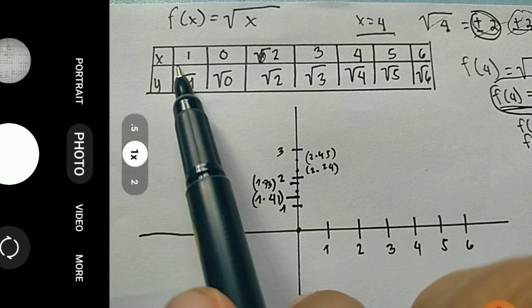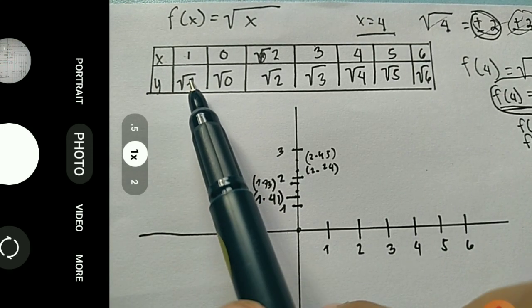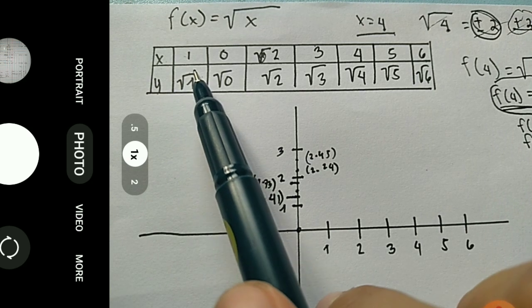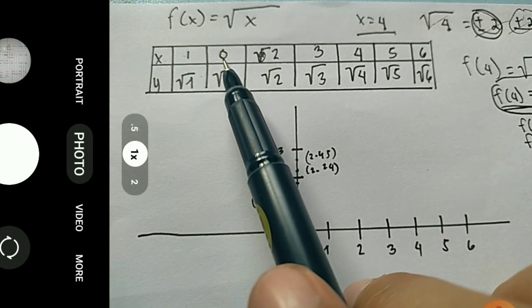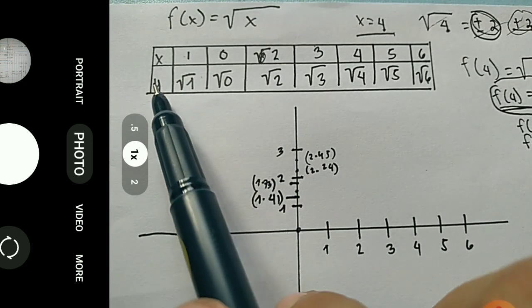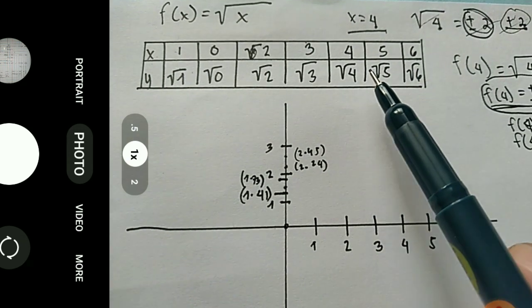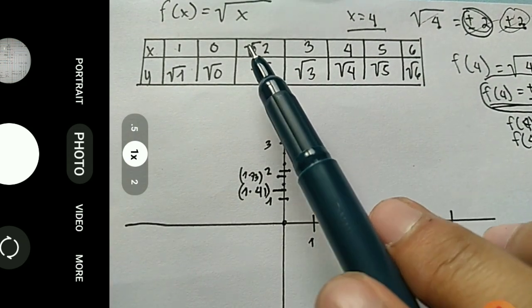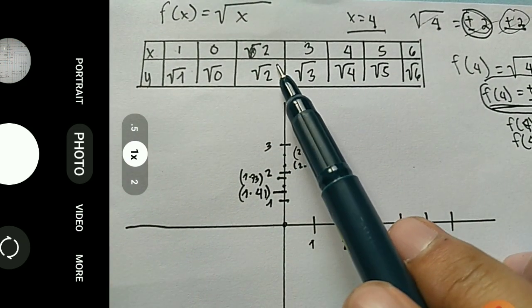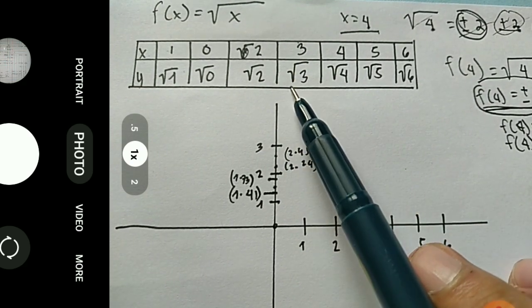So if x is equal to 1, we obtain y is equal to the square root of 1, which is also equal to 1. And if x is 0, we obtain the square root of 0 for our y, which is also equal to 0. And if x is 2, y is the square root of 2. And if x is 3, y is the square root of 3.